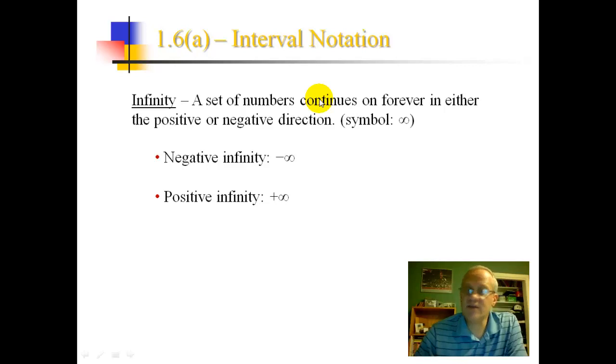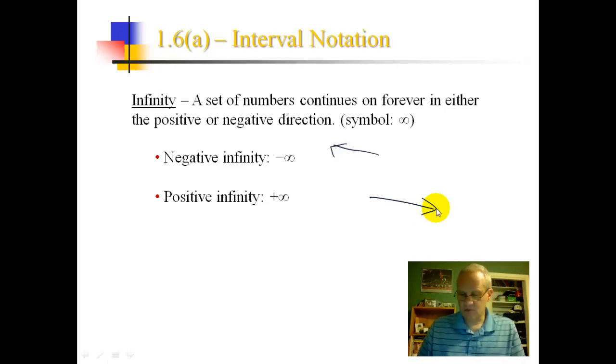You can have a negative infinity or a positive infinity. Negative infinity means your numbers are going that direction on the number line, and positive infinity means your numbers are going that direction on the number line.